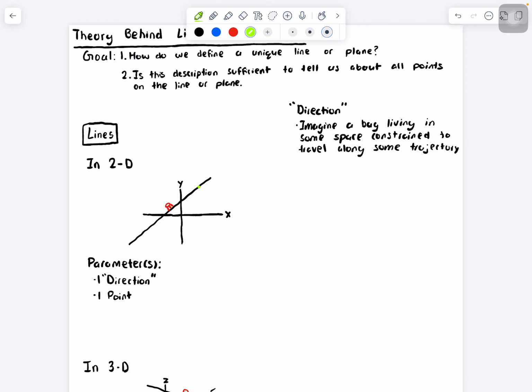I also promised that I would make this idea of a direction more concrete. So I'm going to do that first before I delve into finishing off goal 2. And I want to start with a little side discussion on this. So imagine I have a 2D grid.